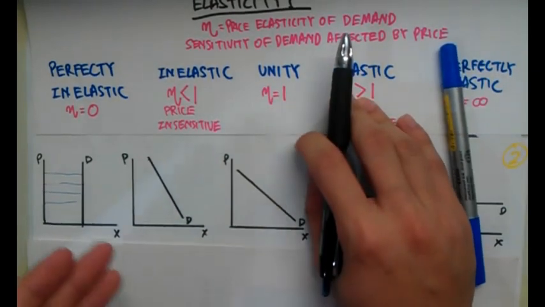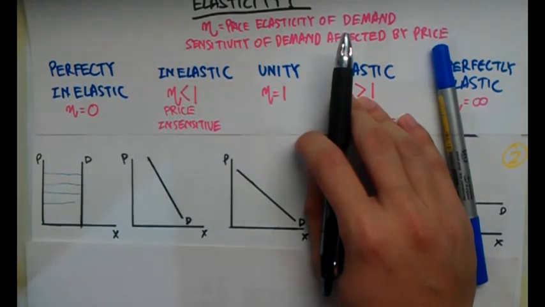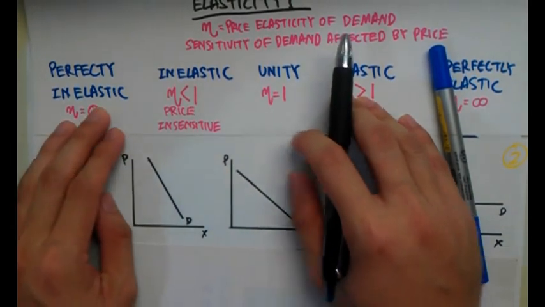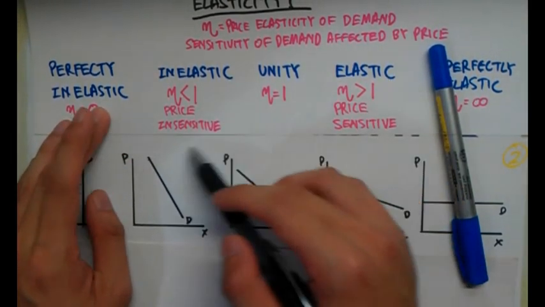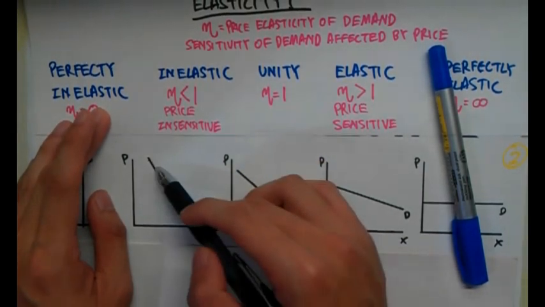As we move away from being perfectly inelastic, we become inelastic. So there is a little bit of sensitivity in price, but not so much.